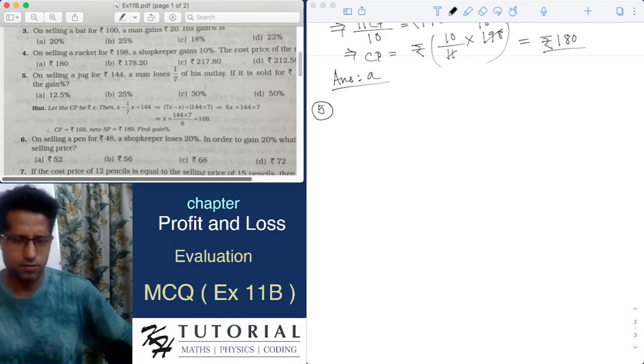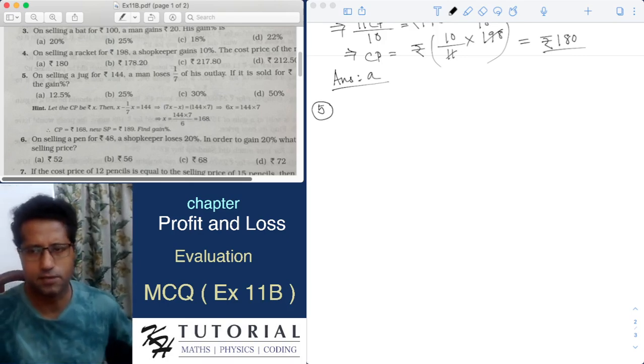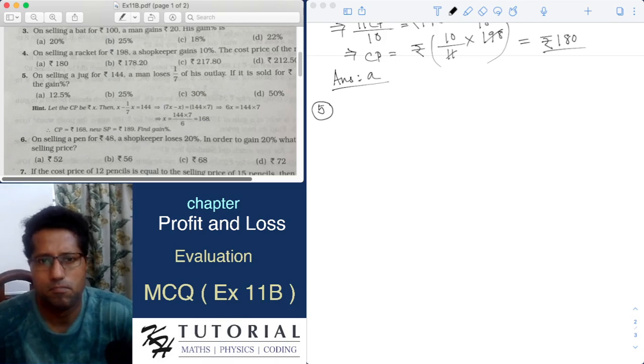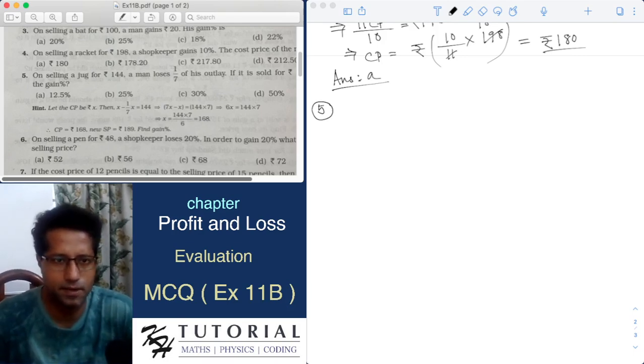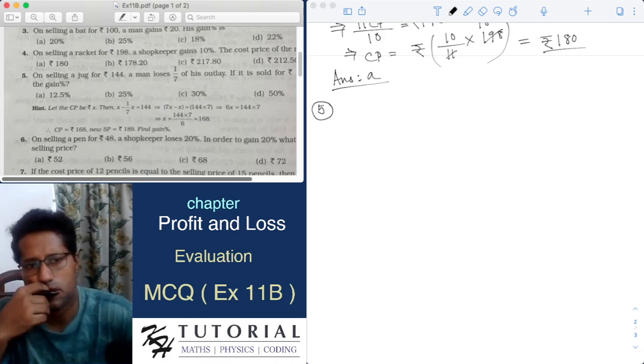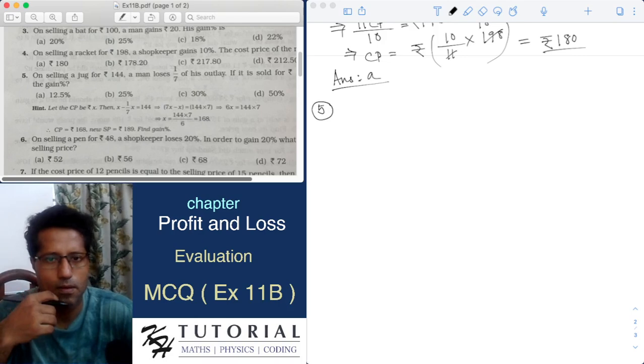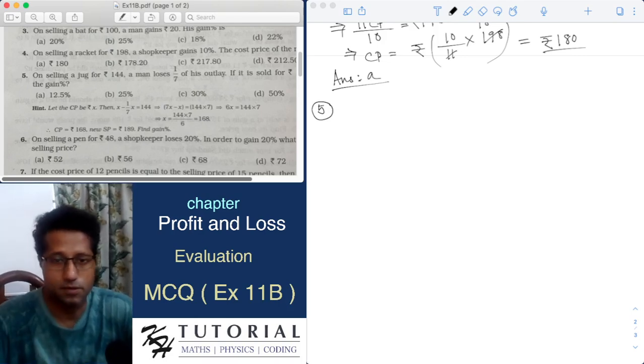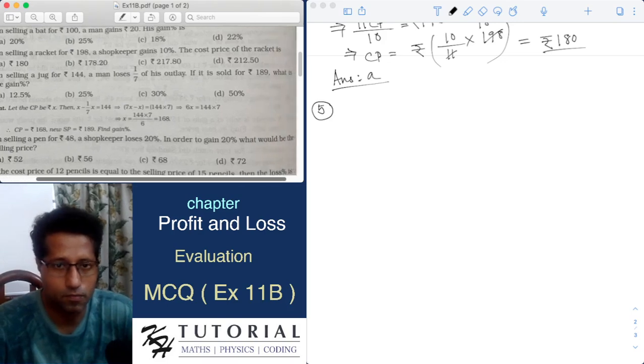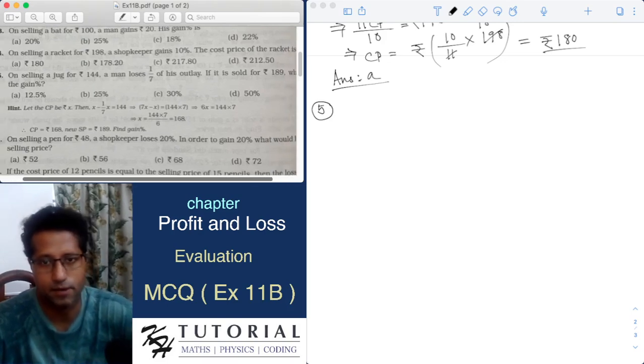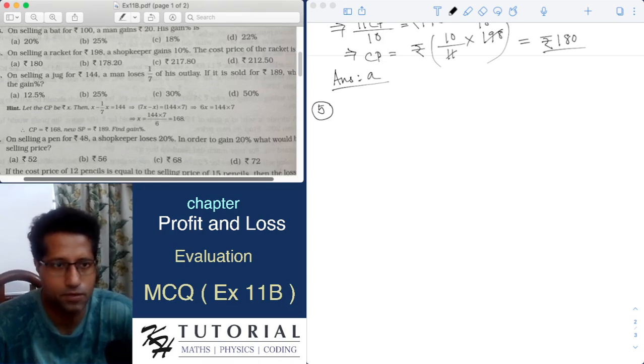There was a question similar to this in exercise 11A, where it was given that the man loses 1/7 of his selling price. Now it is asking that if it is sold for rupees 189, what is the gain? So ultimately we have to find the cost price, the price at which the jug was purchased.